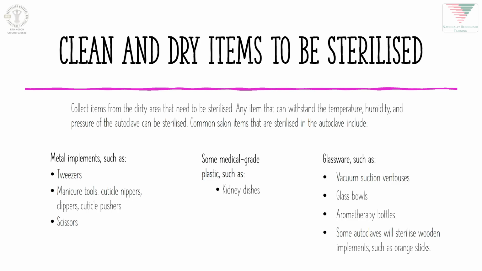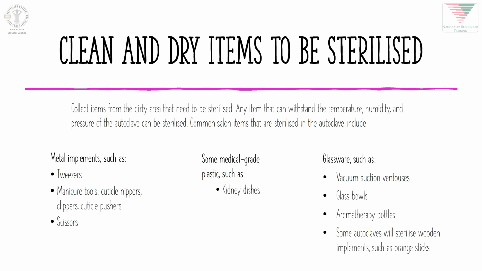Clean and dry items to be sterilized. Collect items from the dirty area that need to be sterilized. Any item that can withstand the temperature, humidity, and pressure of the autoclave can be sterilized.